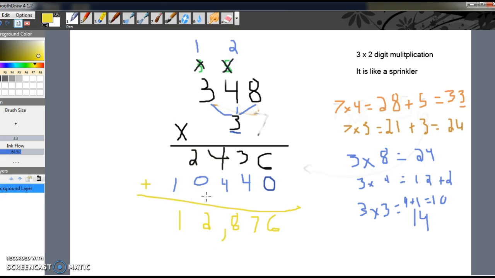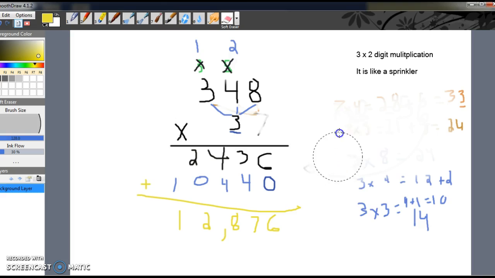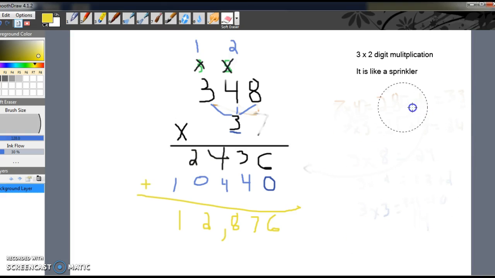So, to review what we did, remember you want to do your multiplication, just think of it as a 7 times 348. Go to your next place value then.